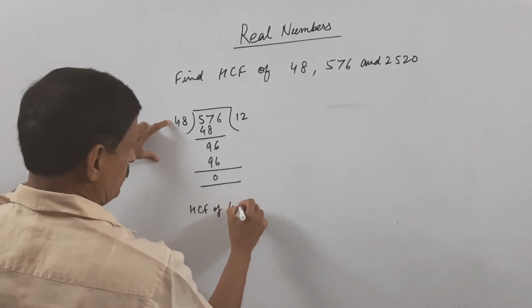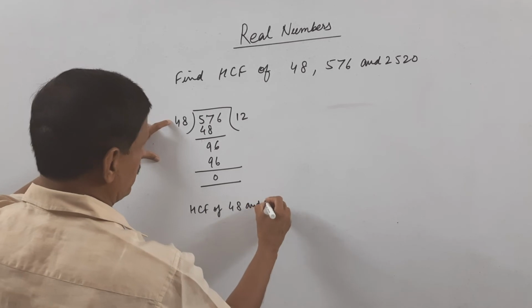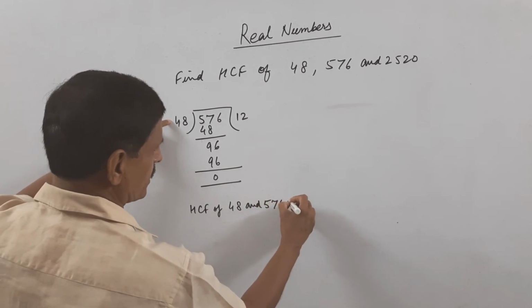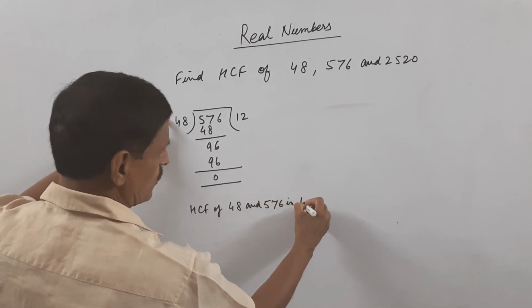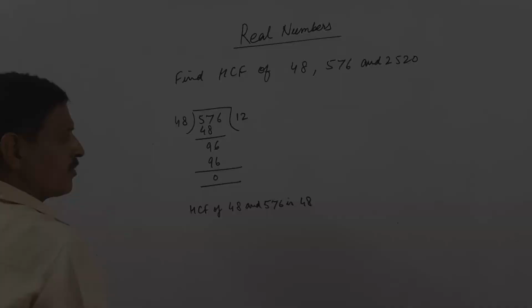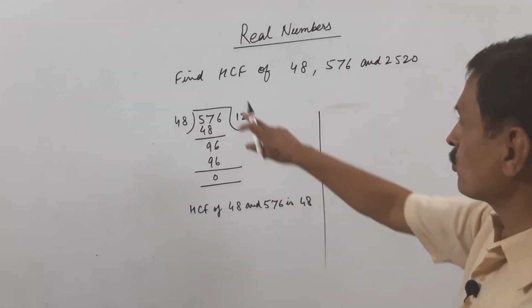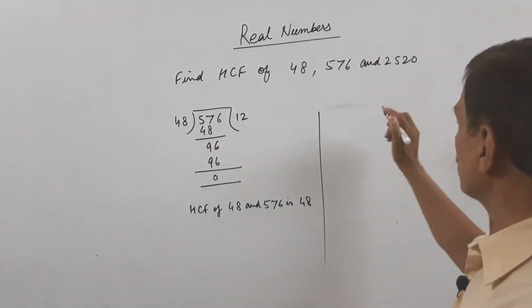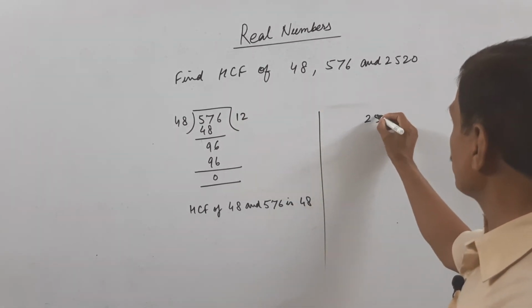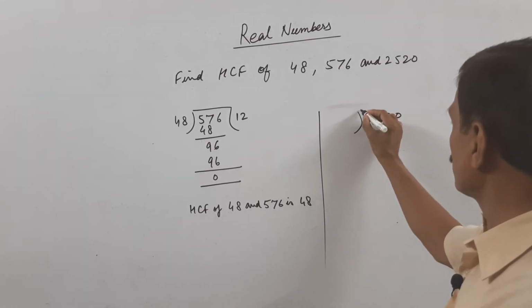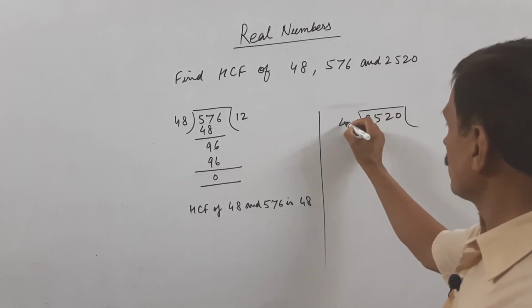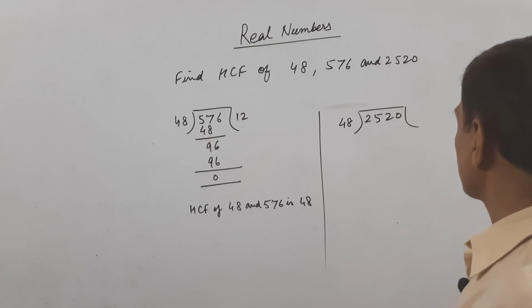HCF of 48 and 576 is 48. Now we take 48, the HCF of the 2 numbers, and this third number, and find their HCF. 2520 by 48.